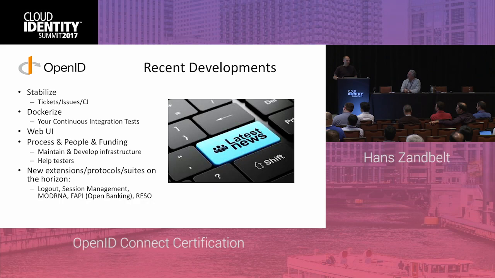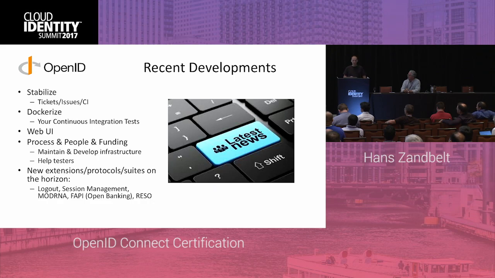So what are the recent developments? This work has been going on for many years, driven mainly by Mike Jones and Roland Hedberg. In the recent months, we've been busy stabilizing the environment a bit, making it a GitHub project with an issues tracker where people can report problems that they have, making sure that there's a continuous integration environment for the test suite itself, so testing the test suite, and Dockerizing it, so that you can spin up an RP or OP test suite inside of your development environment and run tests against that.